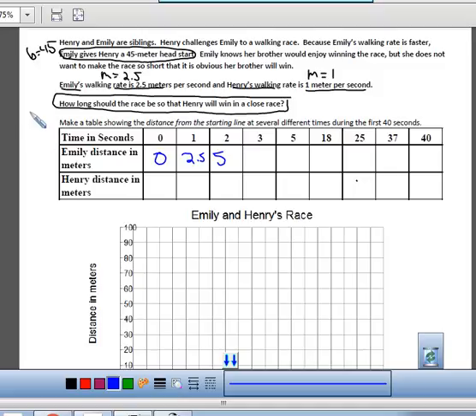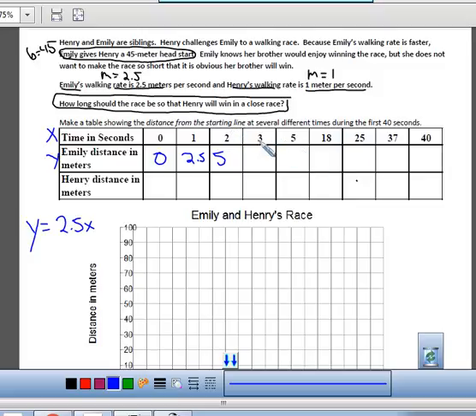Now, we could also think of Emily's situation with the equation y equals 2.5 times x, where y is Emily's distance and x is the time. So I'm going to multiply the time by 2.5, and that's important because you'll notice this starts out 0, 1, 2, 3, but then it skips around.